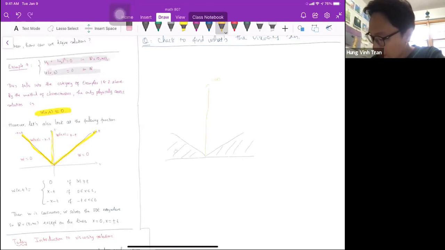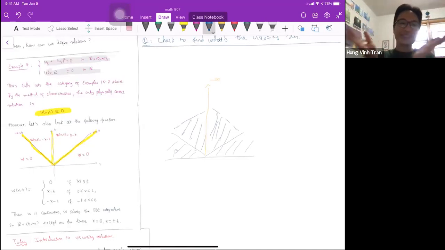You have two wedges that stay here and two wedges dipping down. Again, I really don't know how to draw this 3D picture.